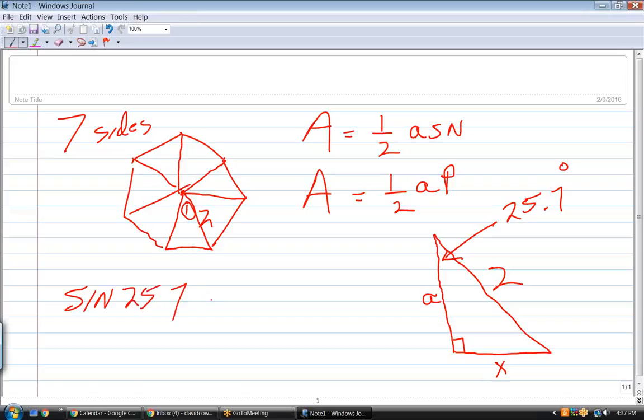So the sine 25.7 equals x over 2, which means x is equal to 2 times that. Yeah. Okay. And that'll give us a number in our calculator. You want to put a number on that just so we don't get confused? Sure, let me get one good one. It's going to be a number slightly less than 1.